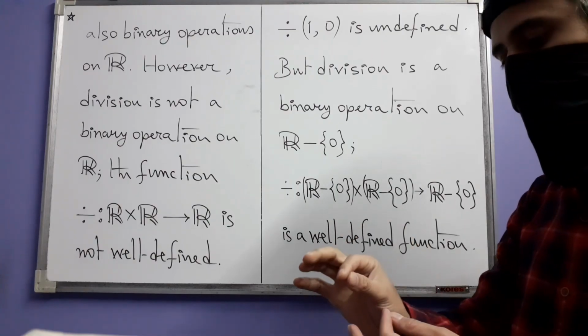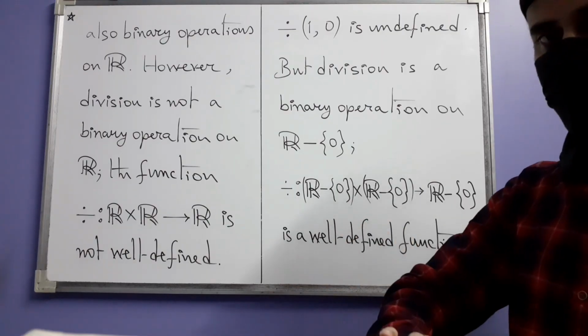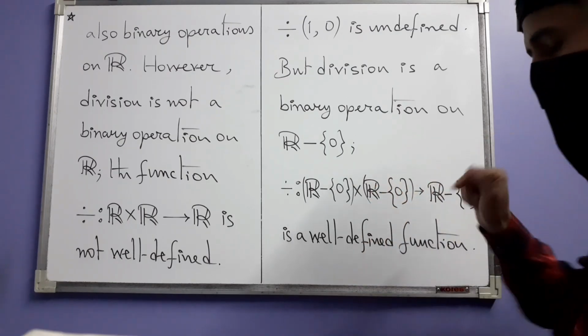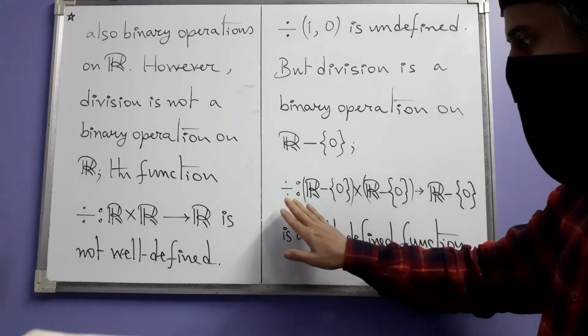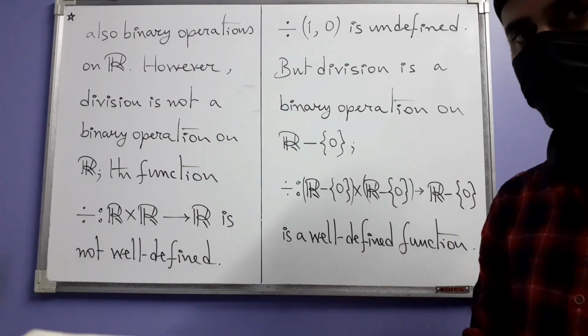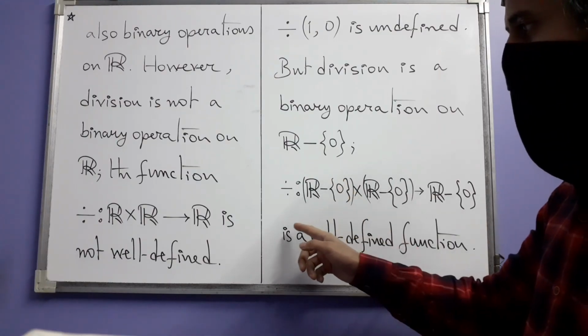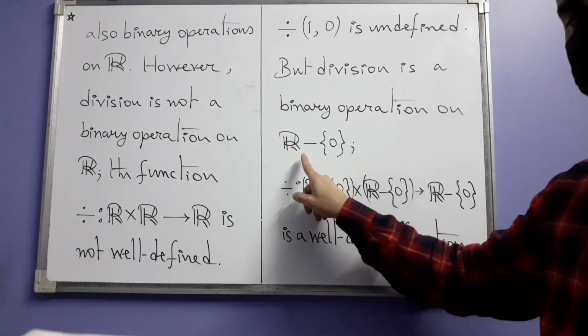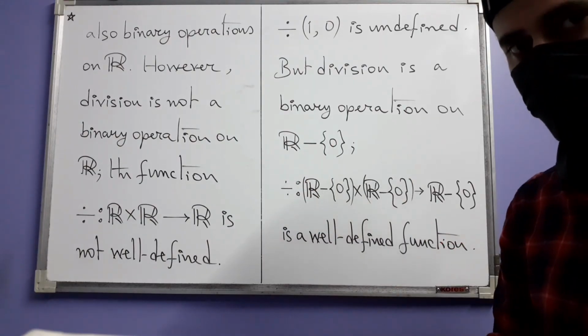You can divide any non-zero real number by another non-zero real number, and the result will be a unique non-zero real number. So this time this is a legitimate function, and that's why division, in spite of not being a binary operation on R, is a binary operation on R difference 0.